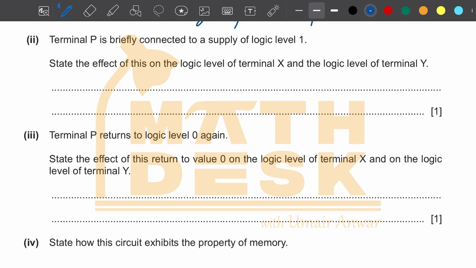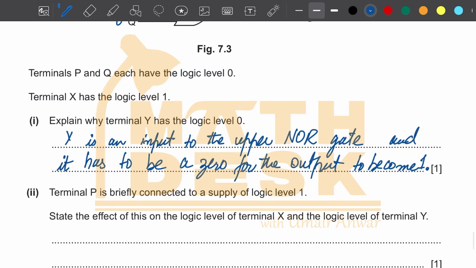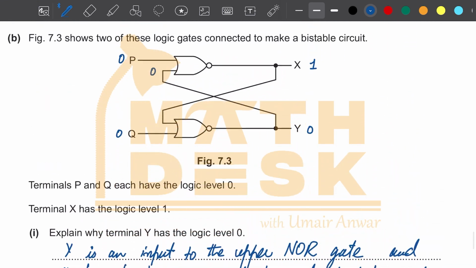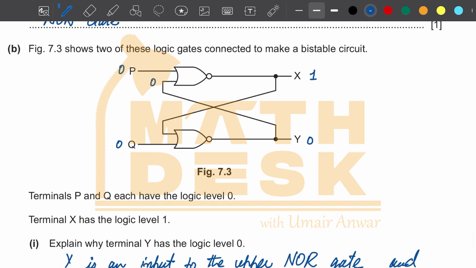State the effect of this on the logic level of terminal X and the logic level of terminal Y. So now the terminal P is briefly connected to 1. So I'm changing it and this terminal becomes 1. Now when this becomes 1, the X would become 0.